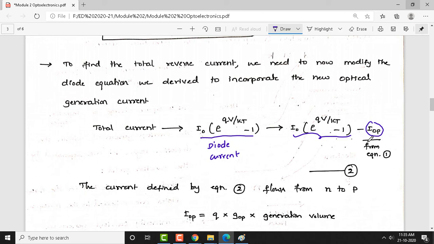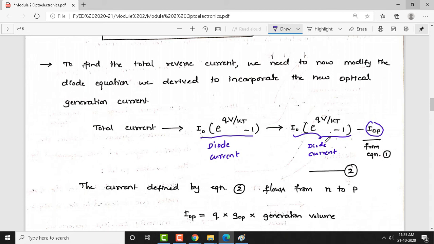Why have we subtracted the optical current? Any idea? What is the necessity of subtracting optical current from diode current? Look at the direction.